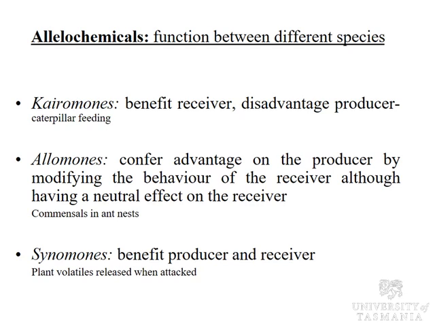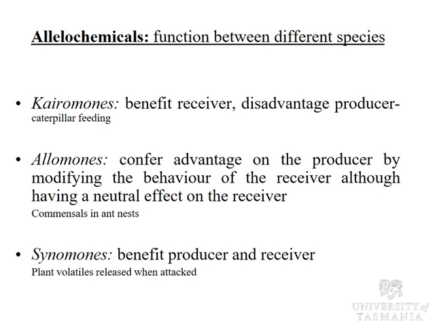The last slide for the communication lecture is this one, saying that communication also occurs between different species, not just pheromones. And there's three names we have there: kairomones, allomones, and synomones. A kairomone benefits the receiver, disadvantages the producer.